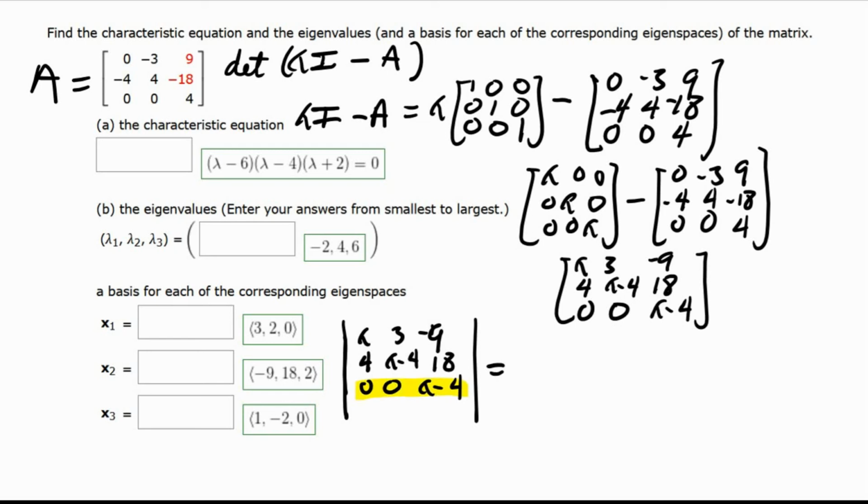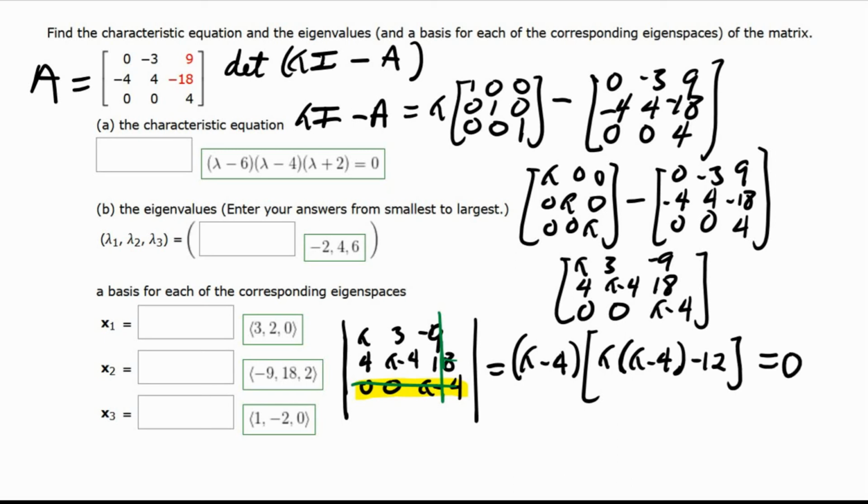So that's lambda minus 4 times, you remember that we delete its row and column, and so that gives us lambda times lambda minus 4, and then that's minus 12, and that's set equal to 0.